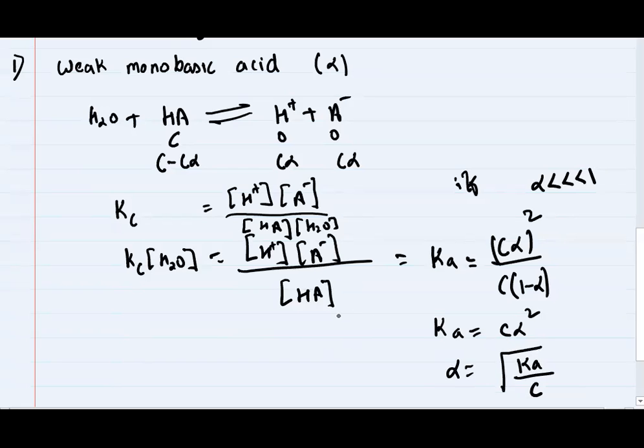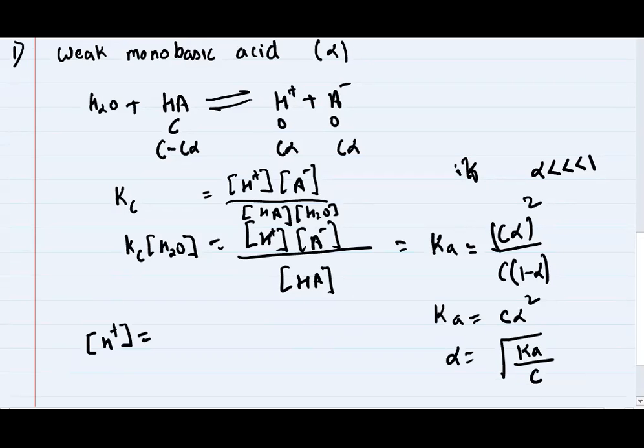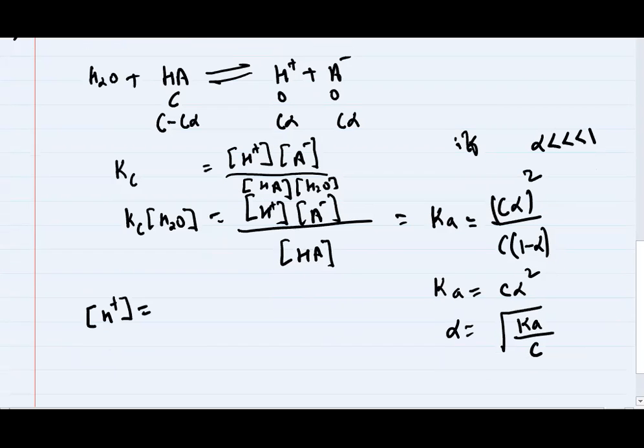Now what you have to find here is the concentration of H plus. So what is the concentration of H plus? It is nothing but C alpha.